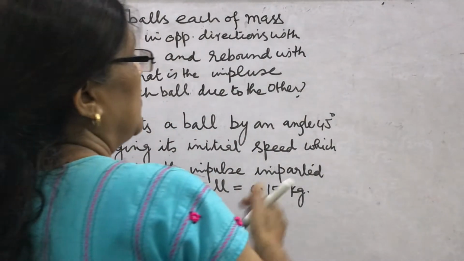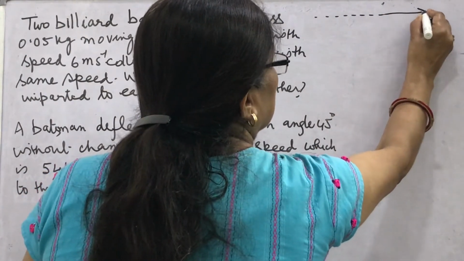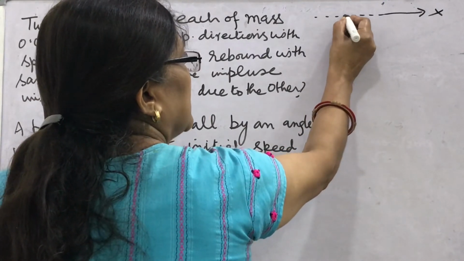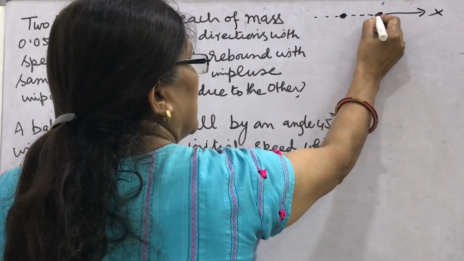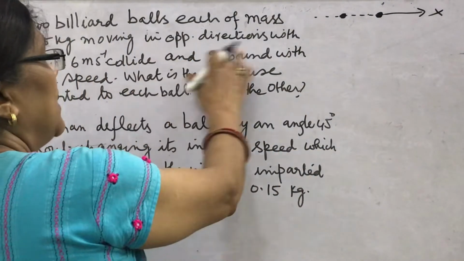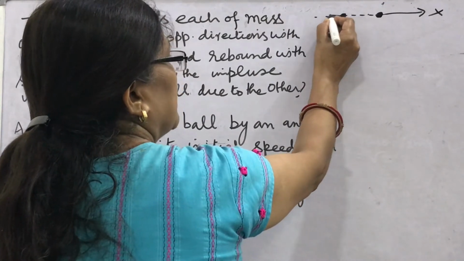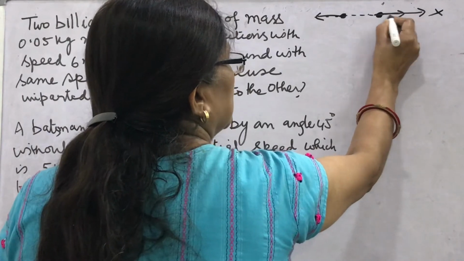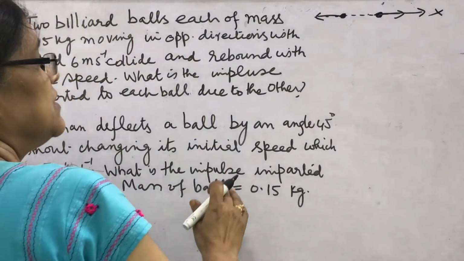Here, if this is the positive x direction, then think of this as one ball and this as the other ball. Since they are moving in opposite directions, we take this ball moving in this way.